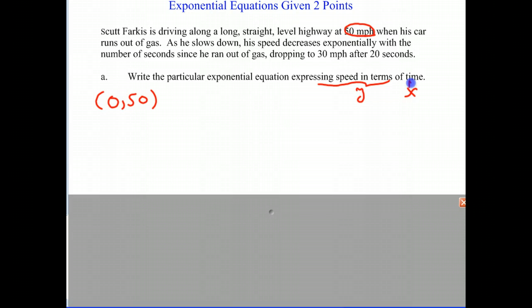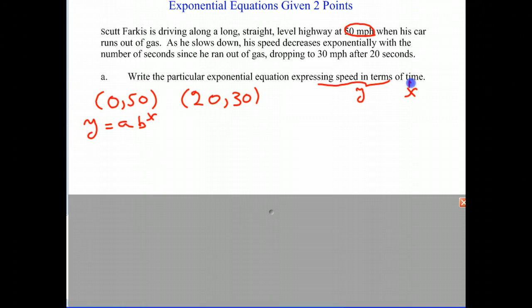And then, of course, as the car slows down, it eventually drops to 30 miles per hour after 20 seconds. So our x is seconds, 20, and 30 miles per hour, our speed, is our y, and now we have 2 sets of points. So let's see if we can find the equation. We've learned that the general equation for an exponential function equals ab to the x.